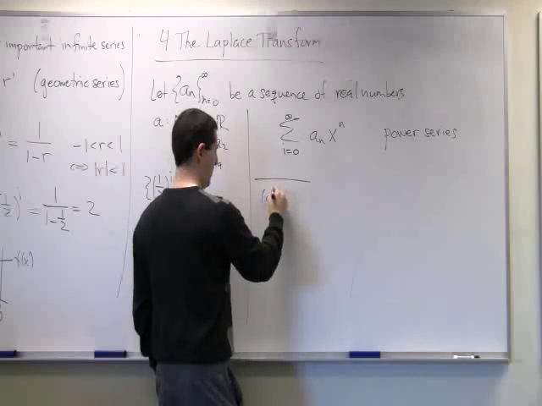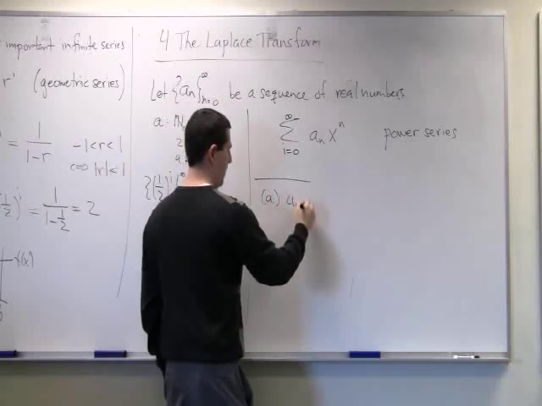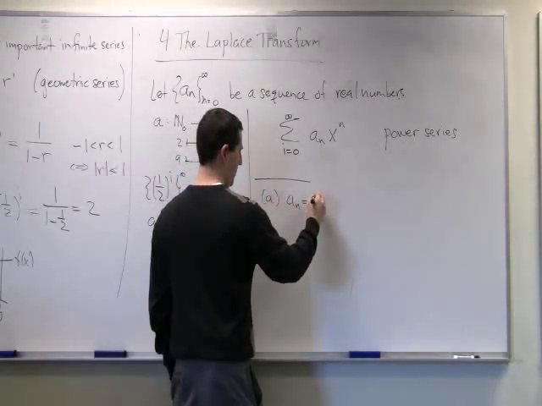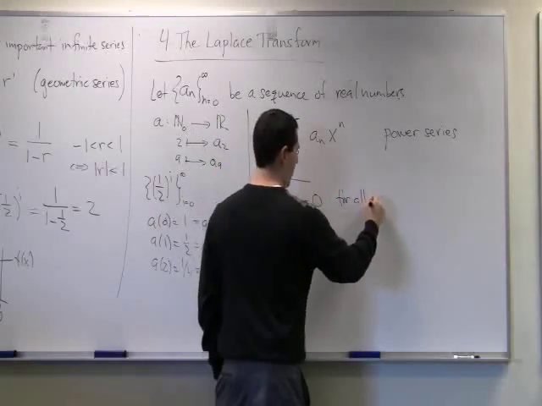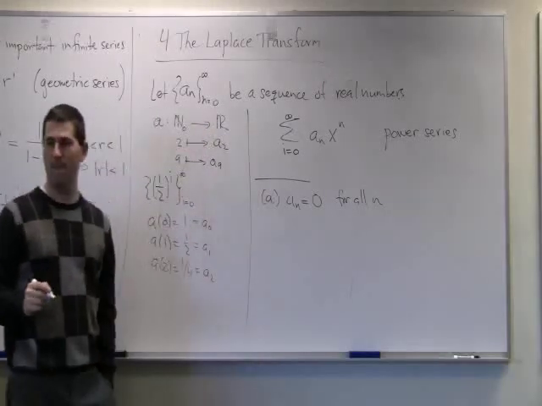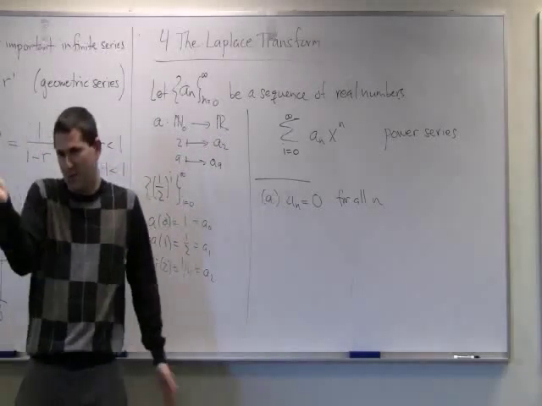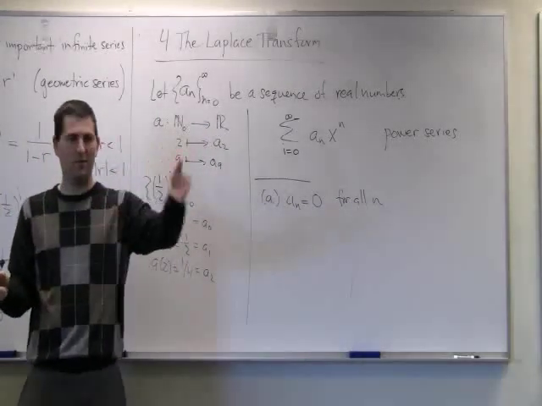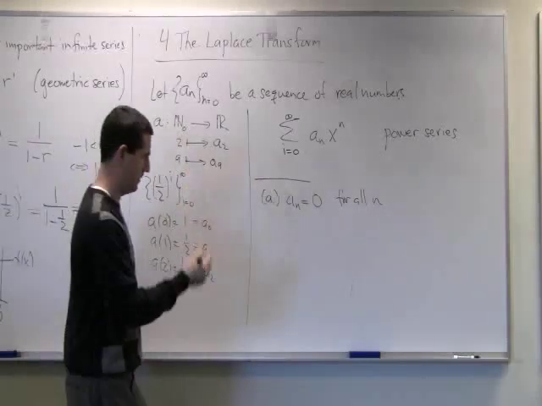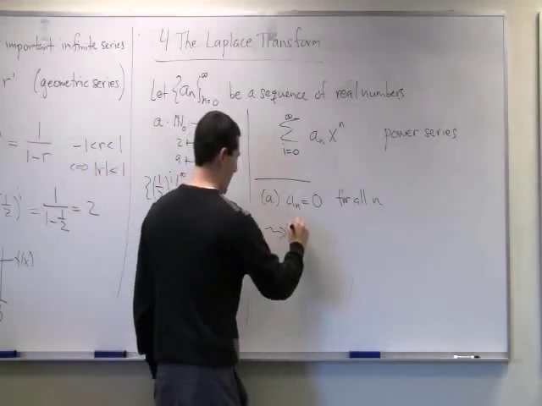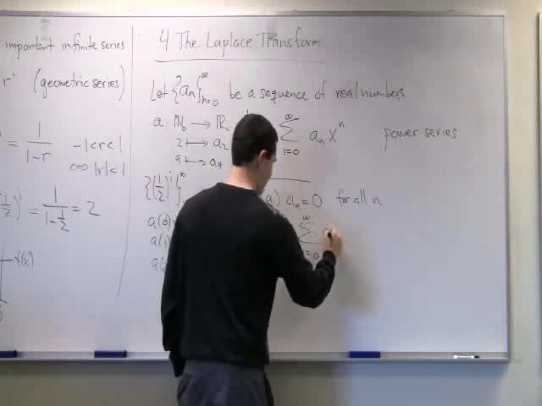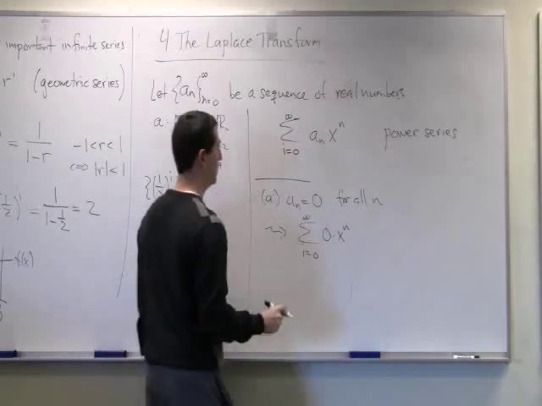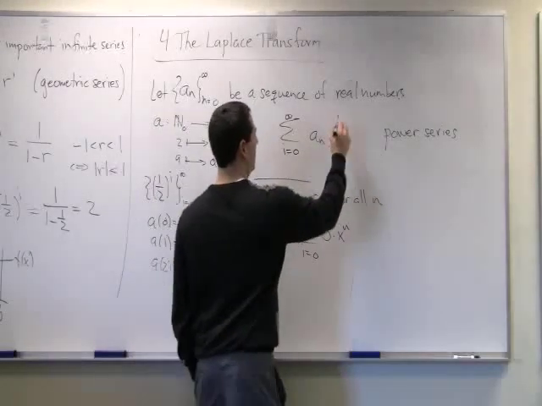How about A sub n equals 0 for all n? The sequence is 0, 0, 0, 0, 0. I can write down a power series. This corresponds to the power series, i equals 0 to infinity, 0 times x to the i. I should say i, not n.